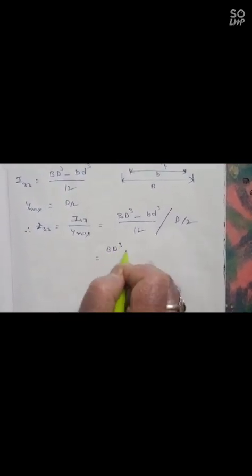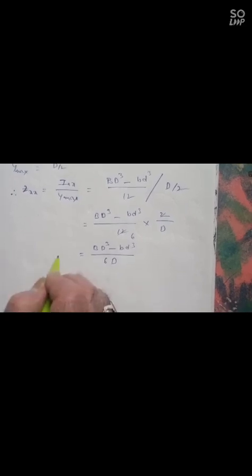So you can write it as BD cube minus small b d cube by 12 into 2 by D, which is equal to BD cube minus small b d cube by 6D, which is Zxx.